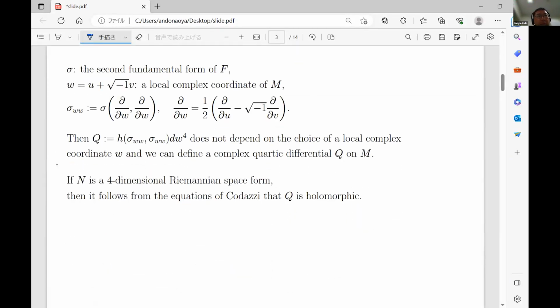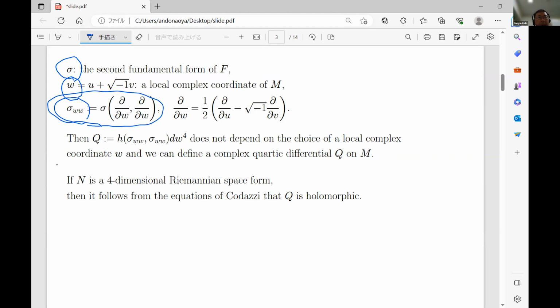Let sigma be the second fundamental form of F. We consider sigma to be a bilinear form on the complexification of the tangent plane of the surface and valued in the complexification of the normal plane. Let w be a local complex coordinate of M, and we define sigma_ww by this.